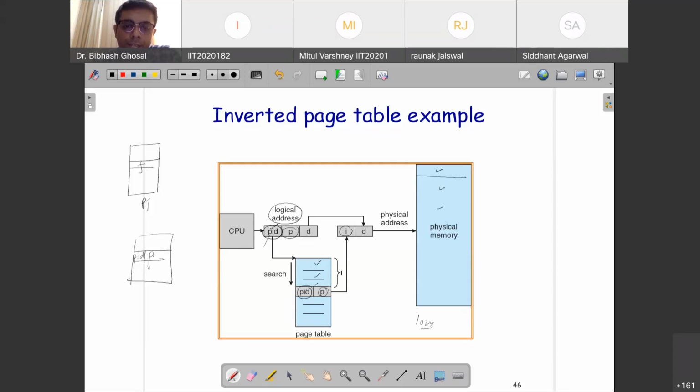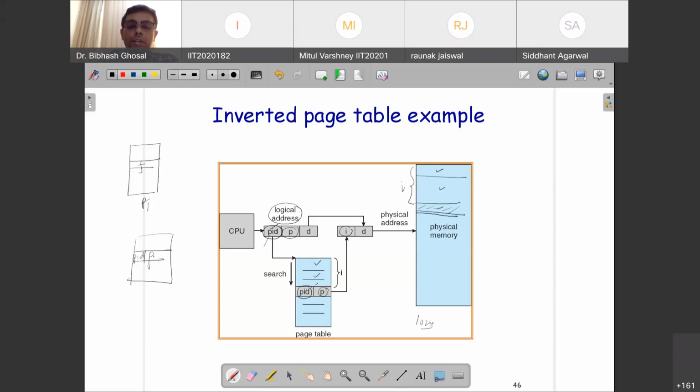So if I just find out which entry matched with my PID, I will count its offset from the top, and that same amount of entries I will read from the top of the physical memory, and I will get to that particular page. That's it. This is what I do. Get the address, match the PID, see from where the matching entry is lying from the top, read the same amount from the physical memory, and the page that you reach is your relevant page.